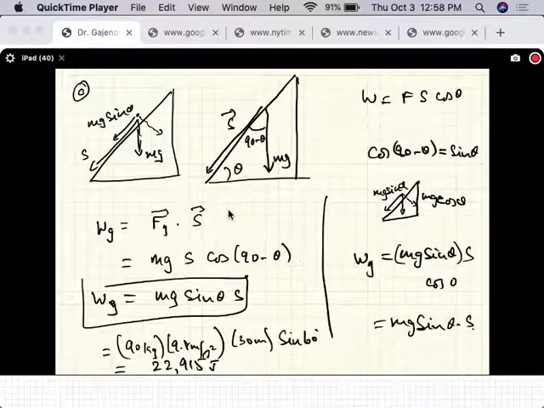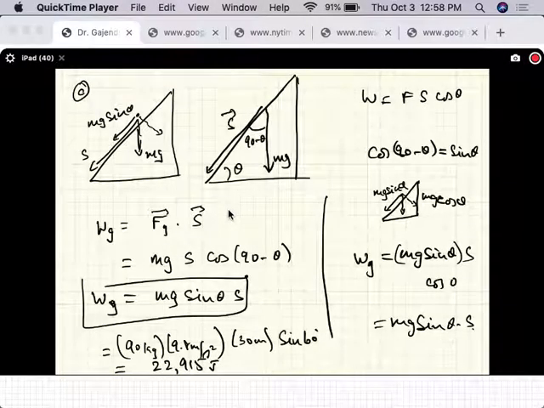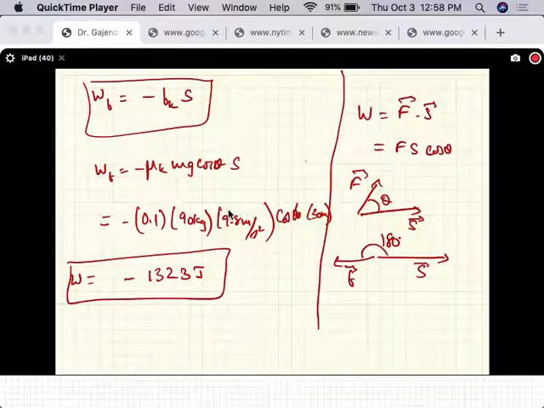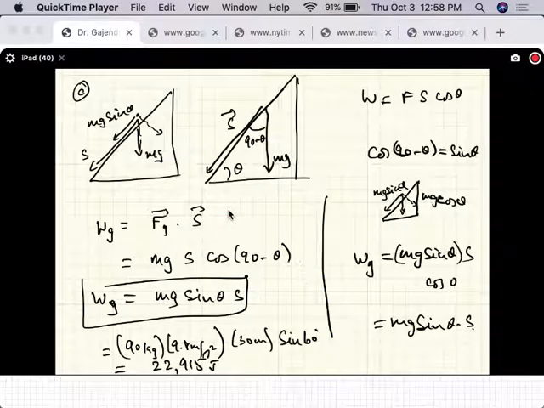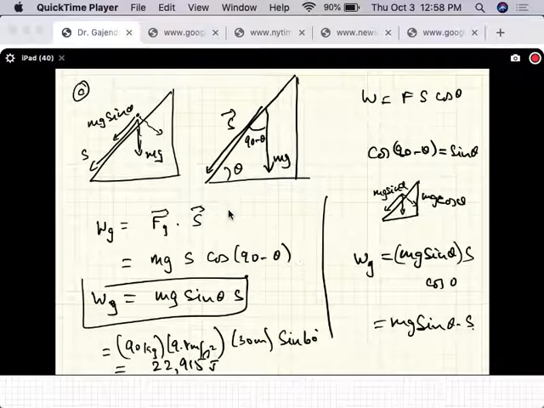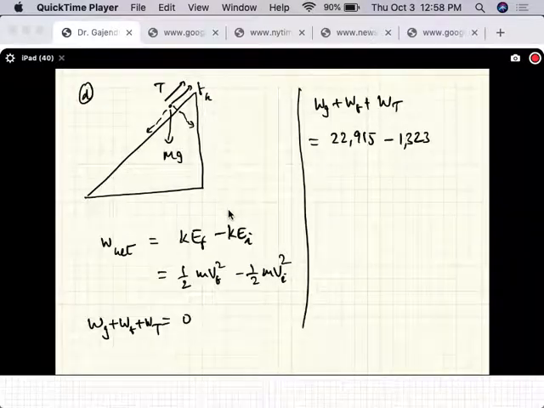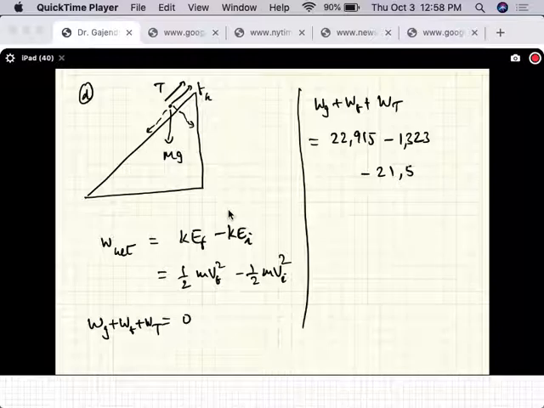Work done by gravity was 22,915 joules. Work done by friction was 1,323 joules. And work done by tension was minus 21,592 joules. And does this add up to 0?